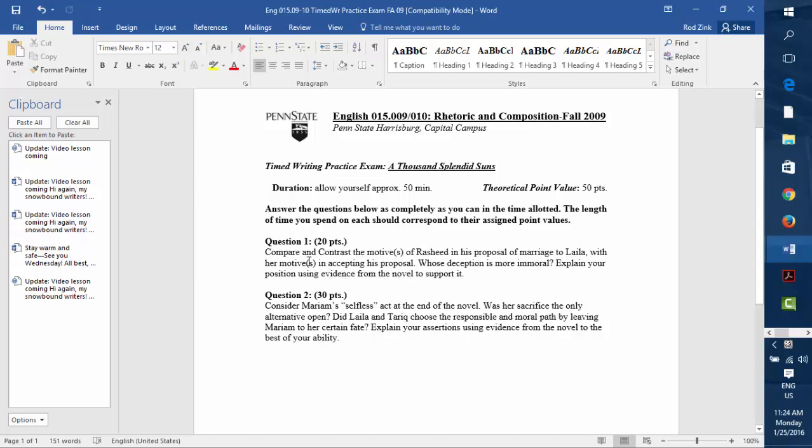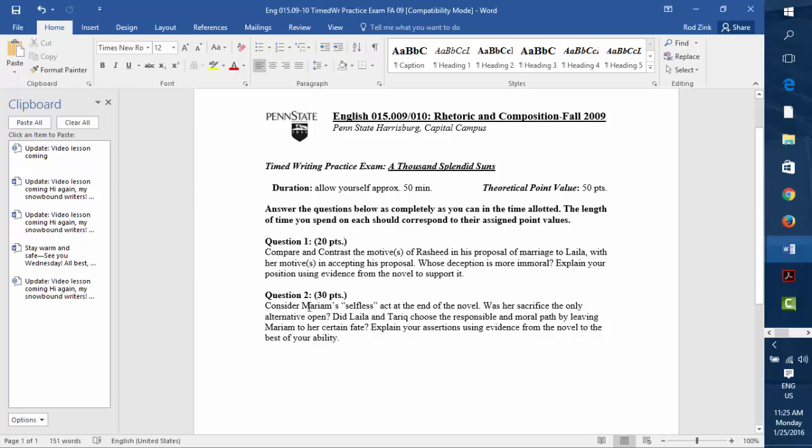So here it's asking for a compare and contrast, asking students to take a position about whose deception is more immoral, and to defend it. Explain your position using evidence and support it.